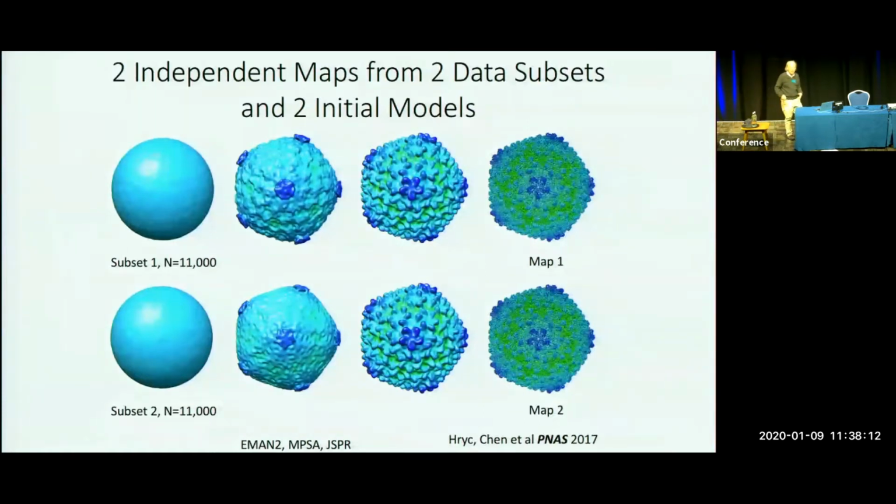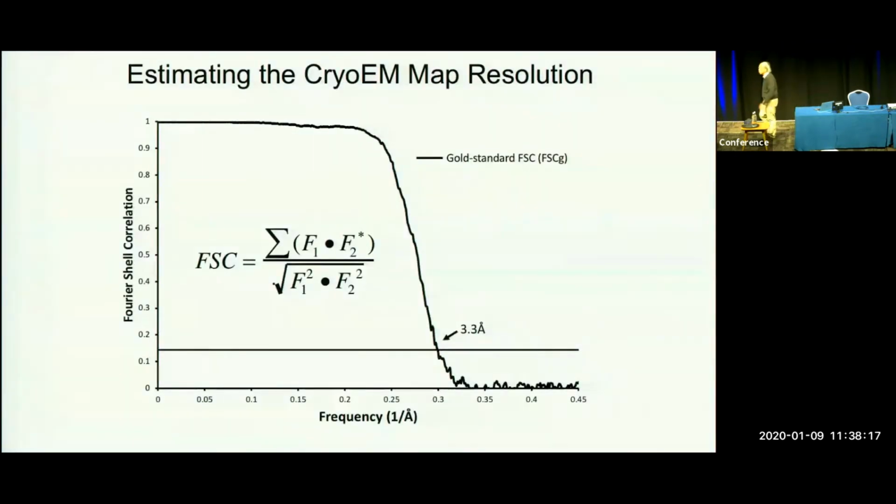Based on that, since we have 3D volumes, we can calculate their Fourier transforms. So the resolution we define is called Fourier shell correlation at a threshold. The Fourier shell correlation is a dot product of the complex numbers of the Fourier transform, in other words the amplitudes and phases of one map with respect to the conjugate of the second map, normalized. The resolution is defined this way because this parameter measures the similarity of 2 volume densities, 2 features.